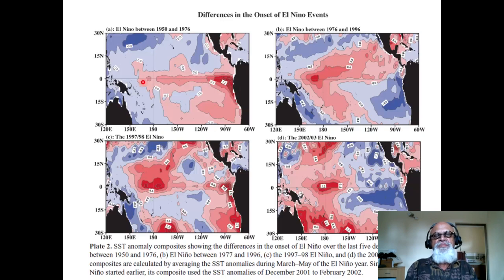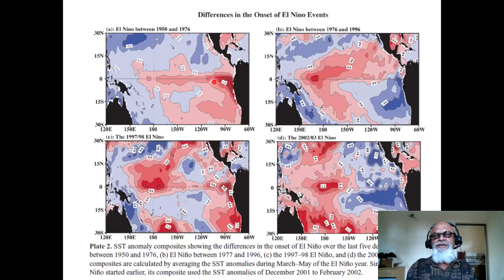The Rasmussen and Carpenter paper became quite popular, famous, canonical, did the composite analysis for El Niños before the paper came out in 82, so they had looked at El Niños before and made a beautiful story about the onset, the growth, the mature phase, decay phase, etc.